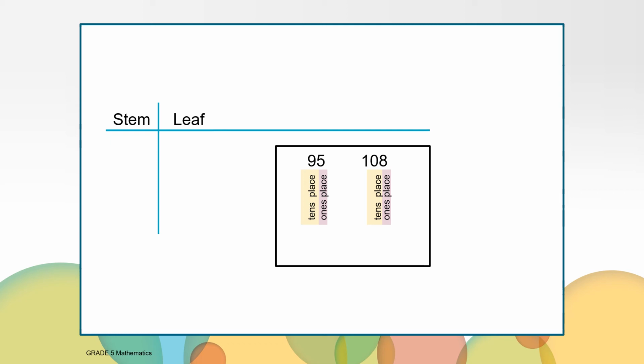Well, yeah, we have a 0 in the tens place, but then we also have a 1 in the hundreds place. So how many tens are in 100? Yeah, 10 tens is the same as 100. So in the number 108, we have 8 ones, and we'll say that we have 10 tens. So our stem should have a 9 and a 10.